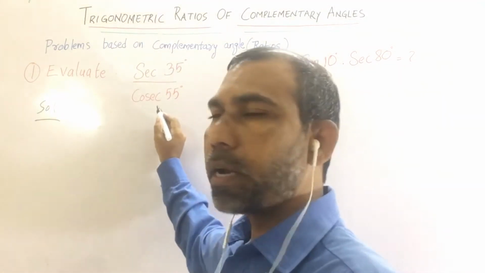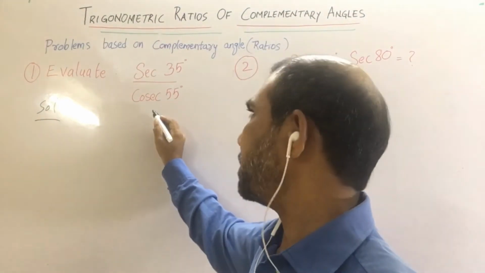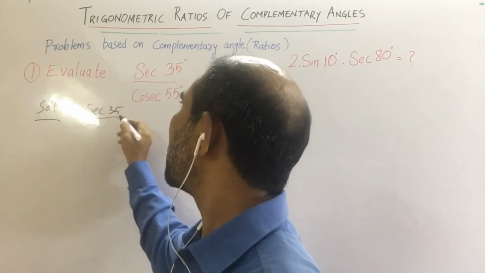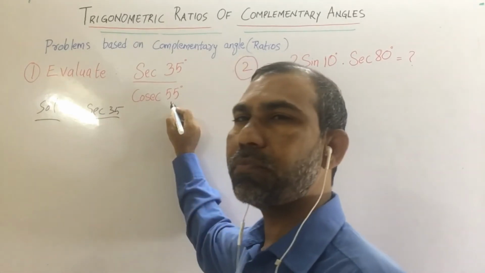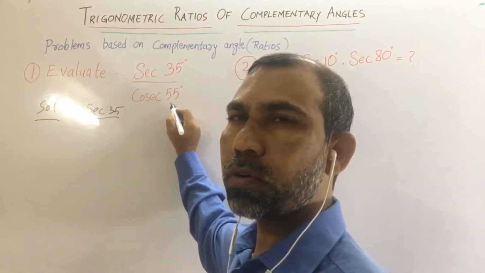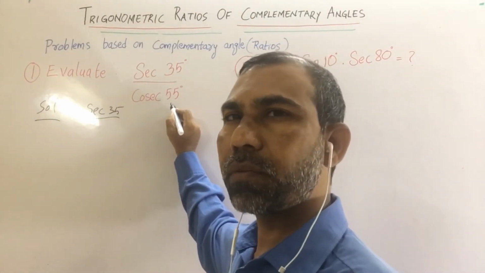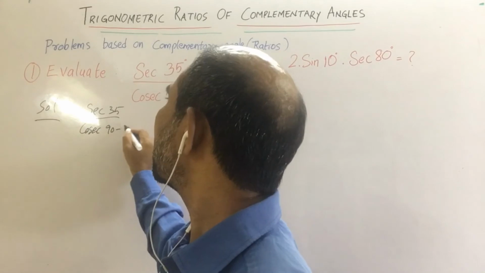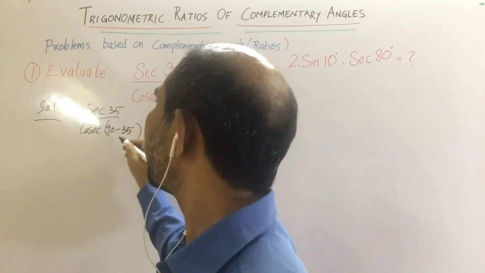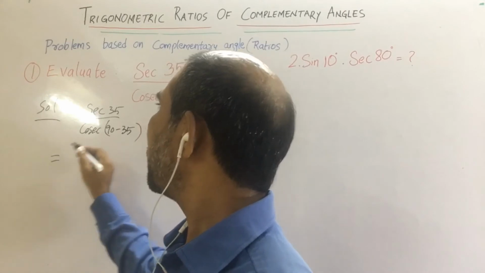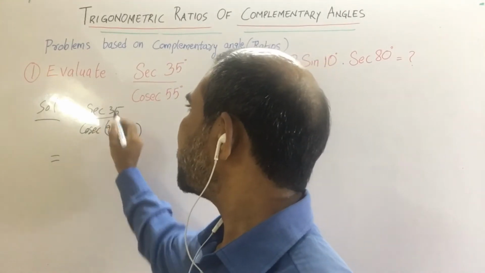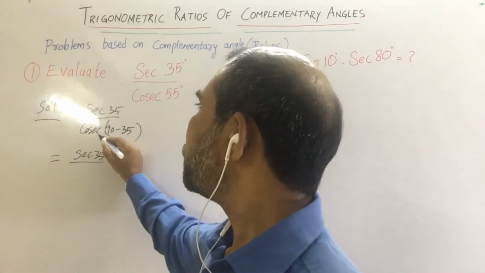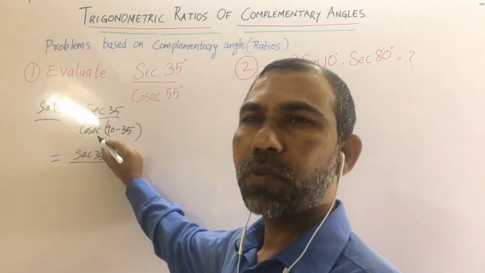Sec 35, here I am converting the cosec 55 degrees. So, I am writing sec 35 over cosec 55, you can write this 55 as 90 minus 35. So, 90 minus 35 is equal to 55. So, here we will get cosec(90 minus 35). Now, next step, you can see sec 35 as it is, and now we have a complement function here.